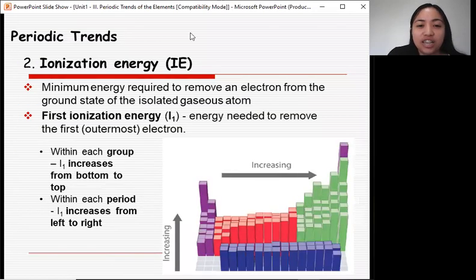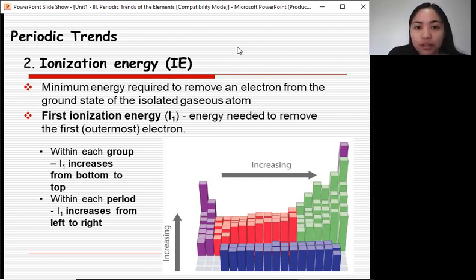Next is the ionization energy. The ionization energy is the minimum energy required to remove an electron from the ground state of the isolated gaseous atom. The first ionization energy is the energy needed to remove the first or the outermost electron. Its trend is the reverse or opposite of atomic mass and atomic radius.